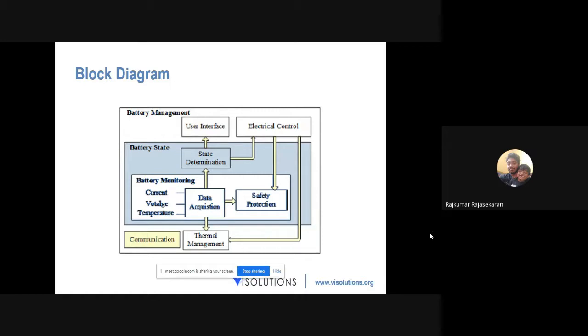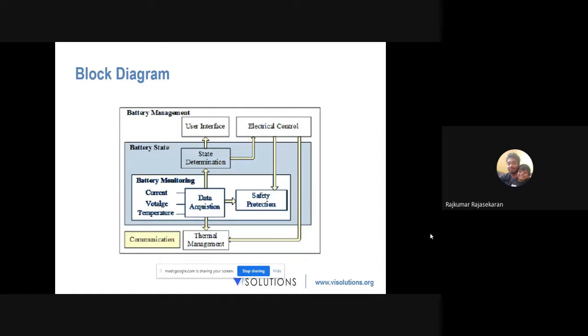In other vehicles we can somehow refuel, but in a fully electric vehicle, unless we have a way to change the battery on the run, it's not possible. So there should be a reliable user interface which can monitor all these things.